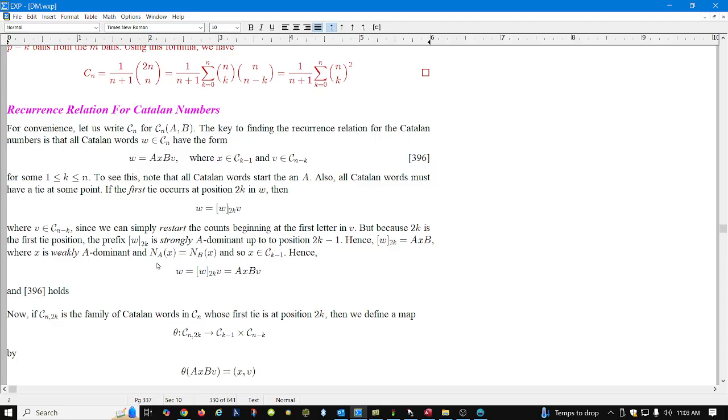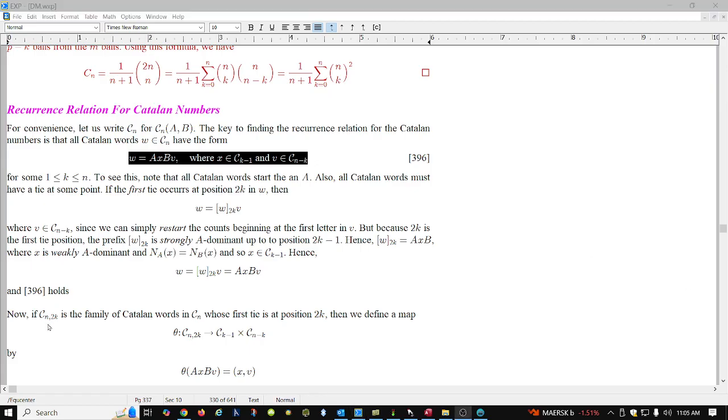And the number of A's in X equals the number of B's in X. So X is in Ck-1. So we have our decomposition of W into AXBV. So that is this.